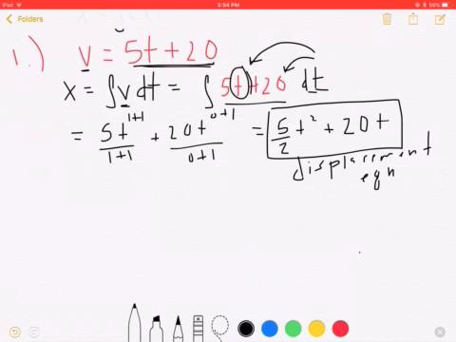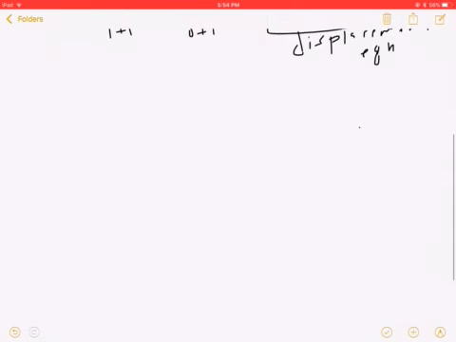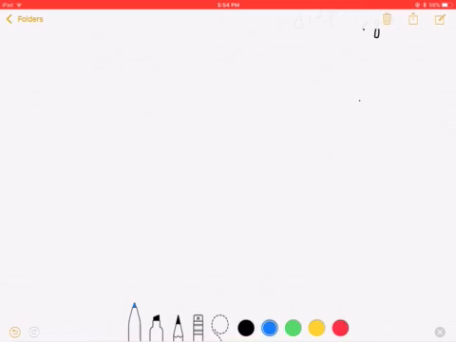How that looks in terms of calculus notation is I'm taking the integral of v dt from 0 to 2 seconds.